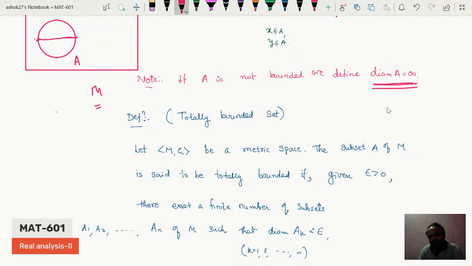So when A is not bounded, we write its diameter as infinity.